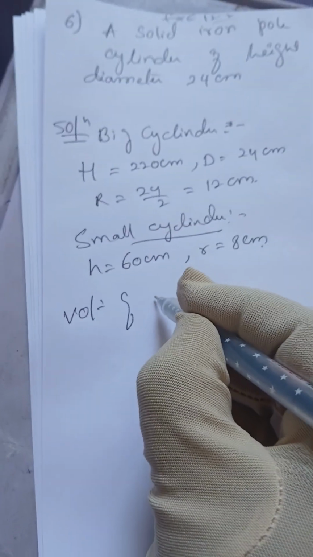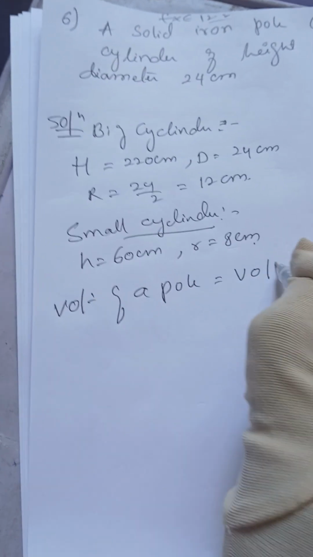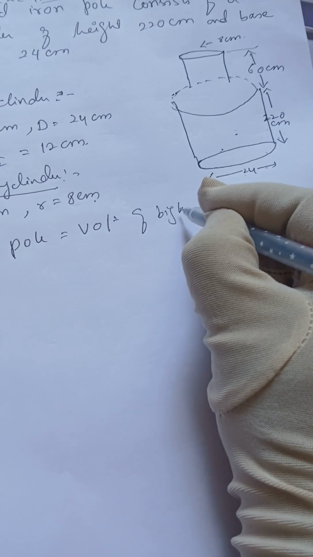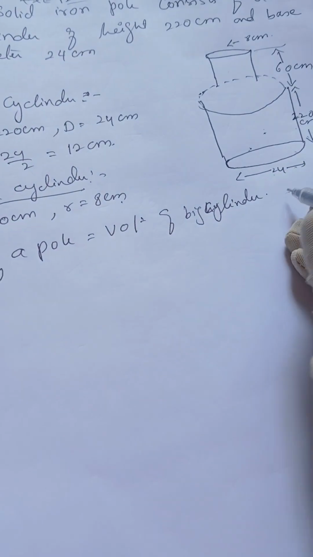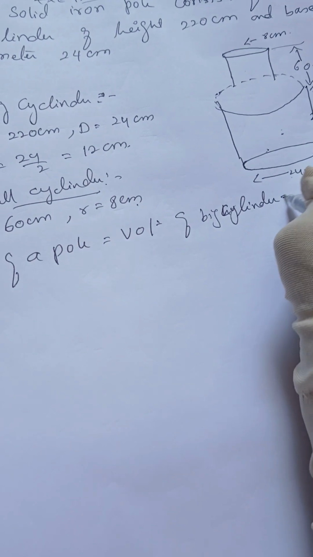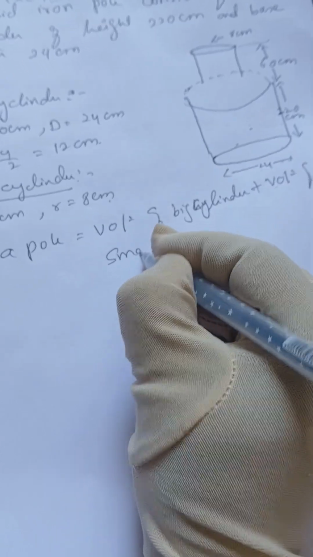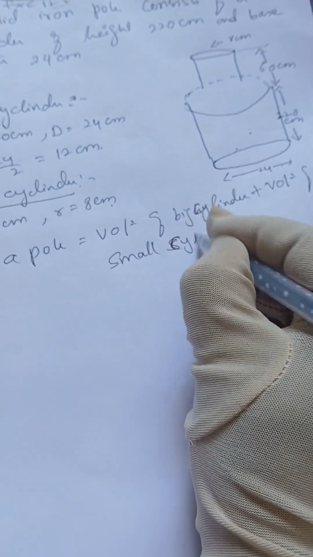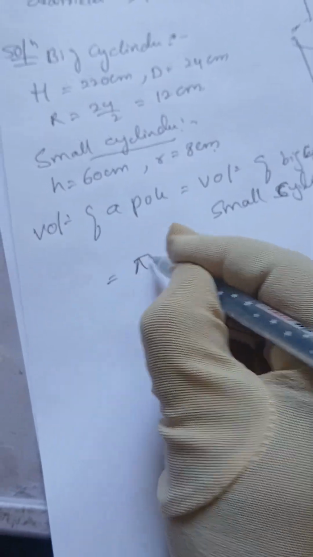Volume of the pole is equal to volume of the big cylinder plus volume of the small cylinder. What is the volume of the big cylinder?